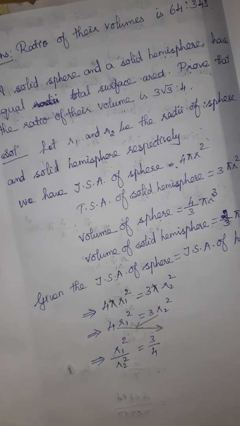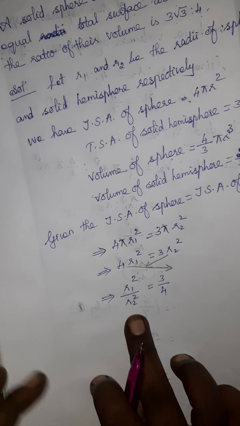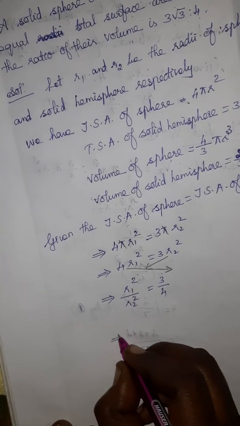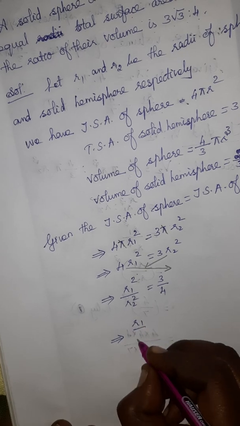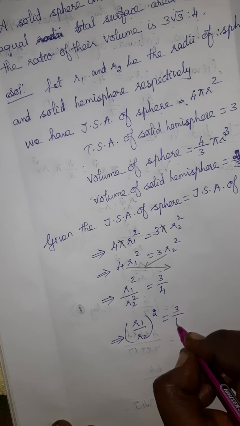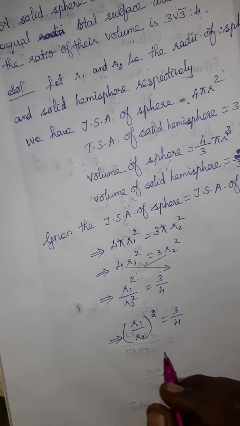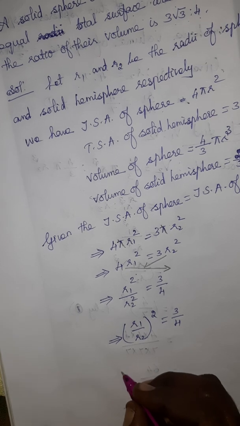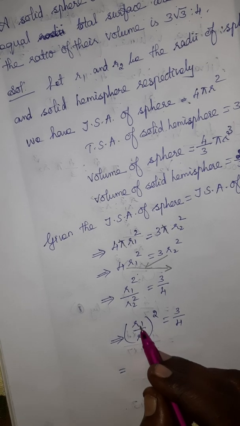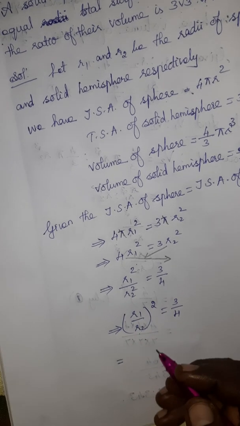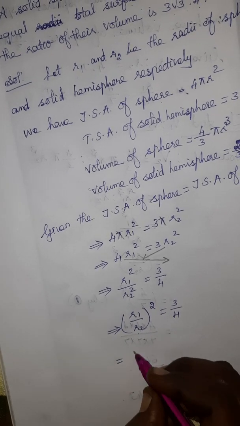Now on the left side the square is common in both numerator and denominator, so we can take the common power: R1 divided by R2, the whole square, is equal to 3 by 4.